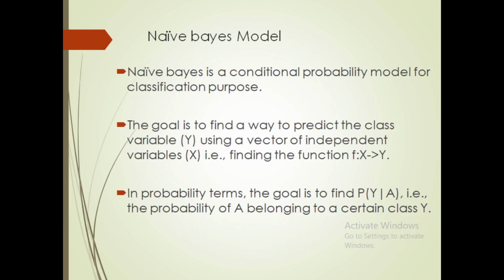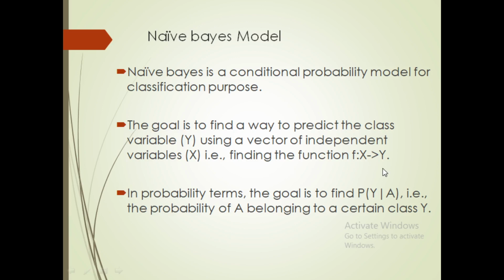Naive Bayes is a conditional probability model for classification purposes. Here the goal is to find the class variable y. If we assume that the class variable is represented by y, then we will be provided with a vector of independent variables x. That is, given x, our main job is to find to which class this given set of variables x belongs.